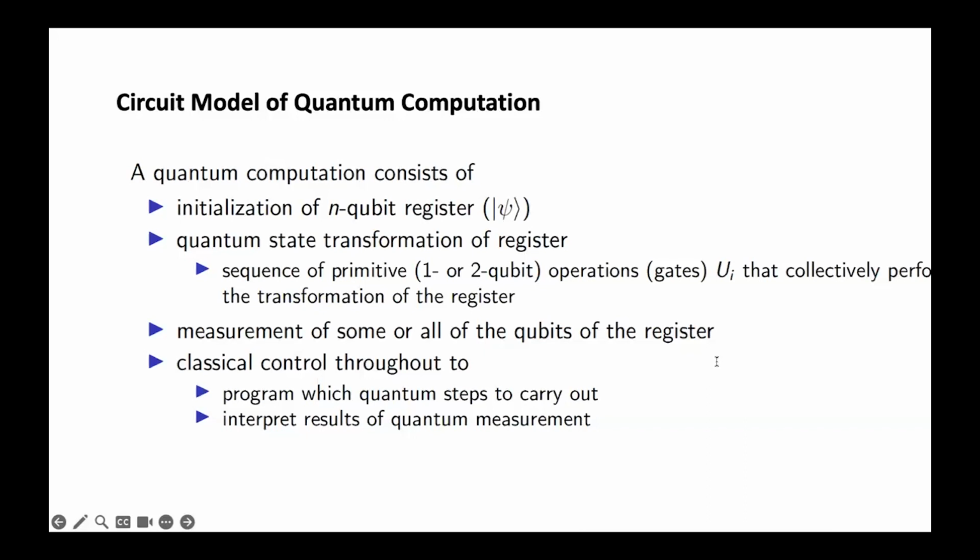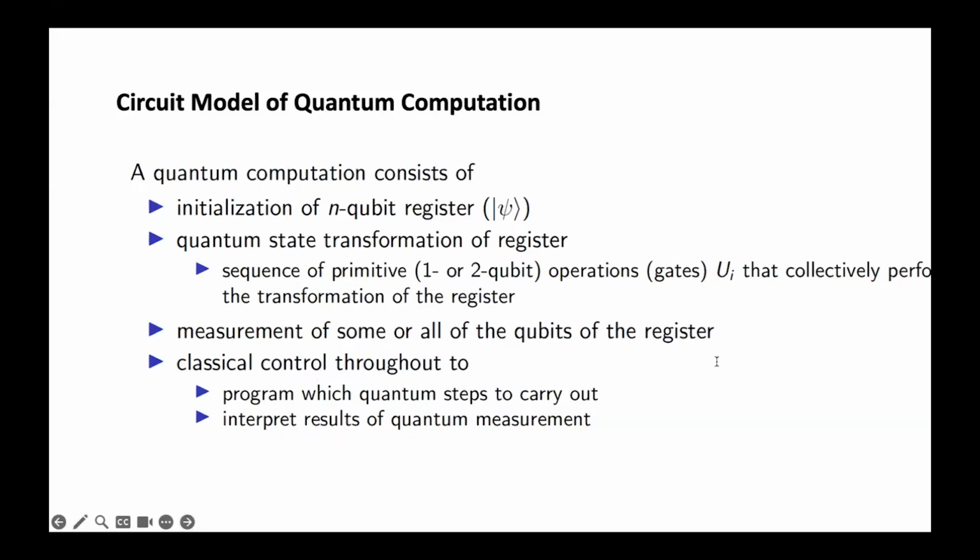And then what we do is apply quantum state transformations of the register. That means a sequence of primitive one or two qubit operations. We call them gates, U_i. You are going to see it in the next concept. And that collectively perform the transformation of the register.